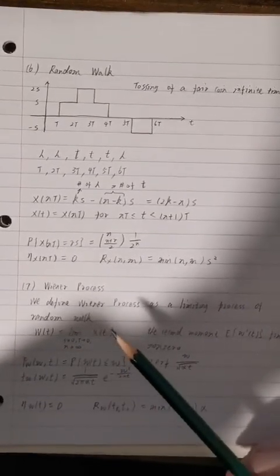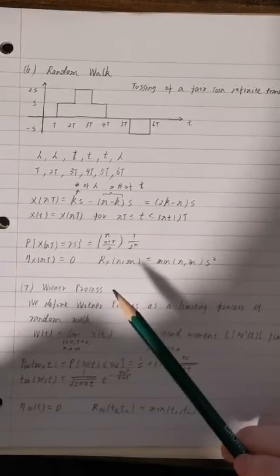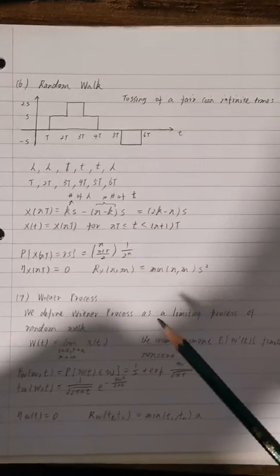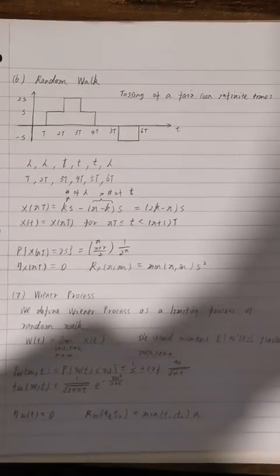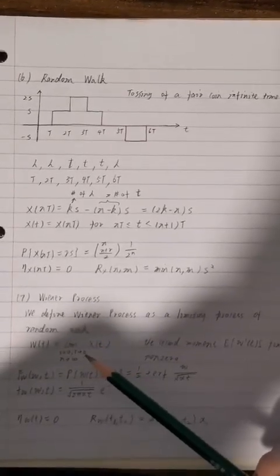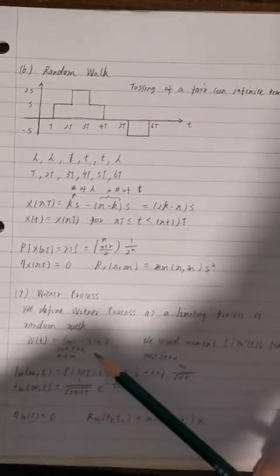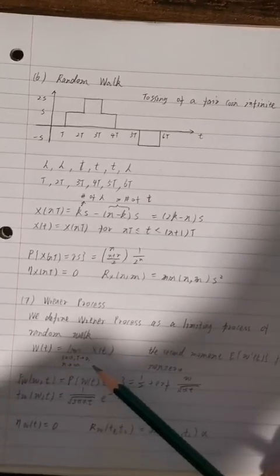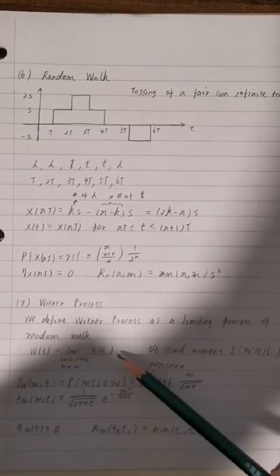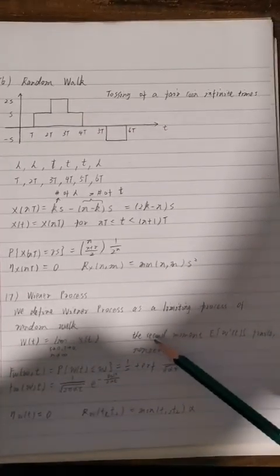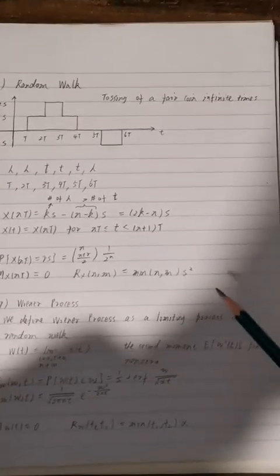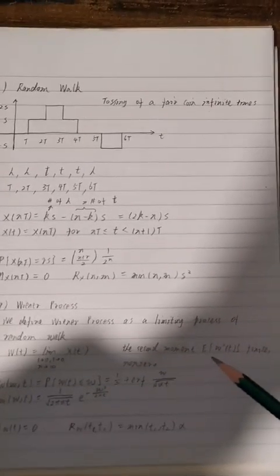The seventh is the Wiener process. We define the Wiener process as a limiting process of the random walk. W(t) equals the limit as s goes to 0, T goes to 0, and n goes to infinity of X(t). The second moment of this Wiener process is finite and non-zero.